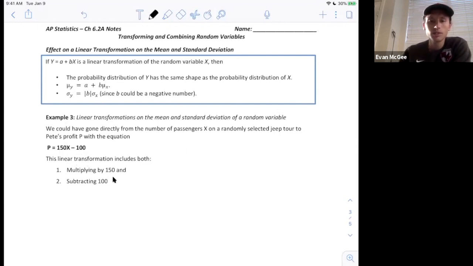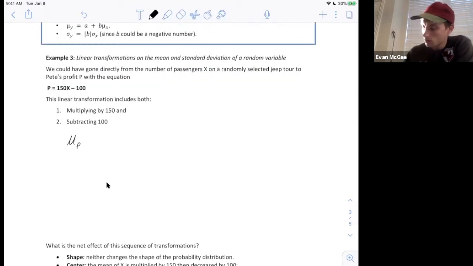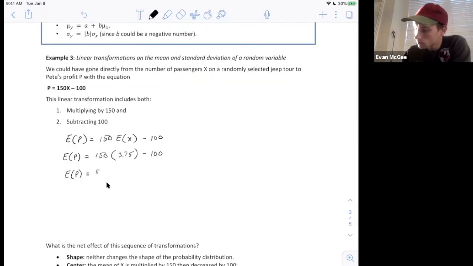This linear transformation includes the multiplication and the subtraction. We're going to do the exact same thing, where the multiplication will change measures of location and spread, but the subtraction is not going to change the spread. It will only change the measures of center and location. From the first problem, Pete's mean number of passengers was 3.75.